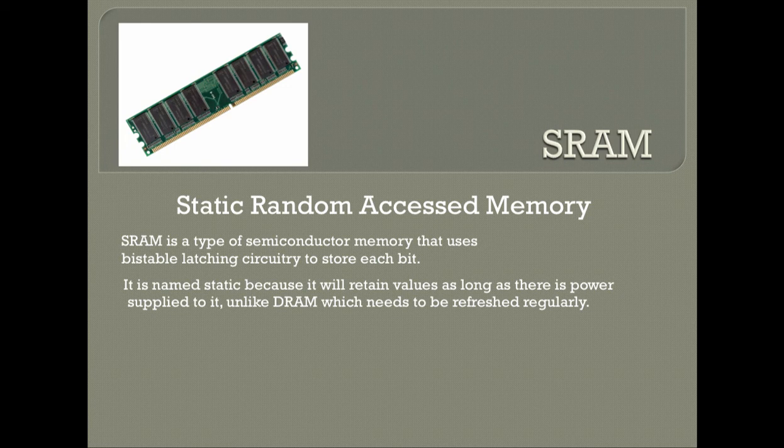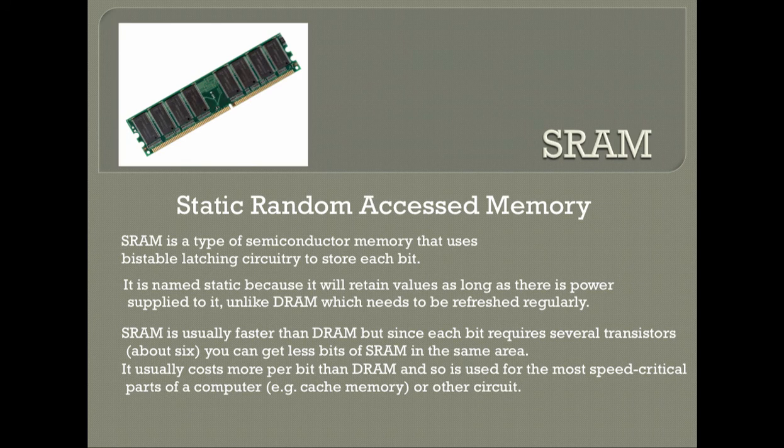Unlike DRAM, which needs to be refreshed regularly. SRAM is usually much faster than DRAM, but since each bit of SRAM requires several transistors, you can get fewer bits of SRAM in the same area as you would DRAM.